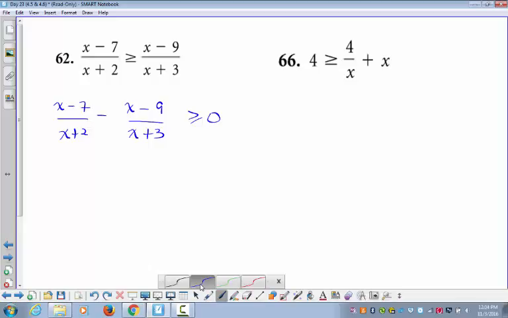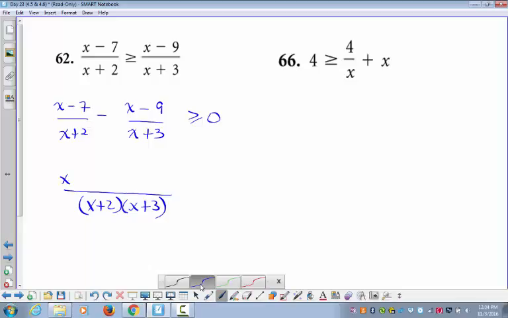We must get a common denominator. Don't make the mistake of saying, oh, x minus 7, x minus 9, x plus 2, x plus 3. You cannot do a sign chart from there. It has to all be multiplied together first. The common denominator is the product of the two. So I'm going to multiply x plus 3 times the numerator over here.